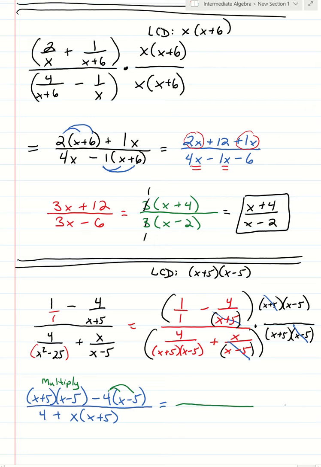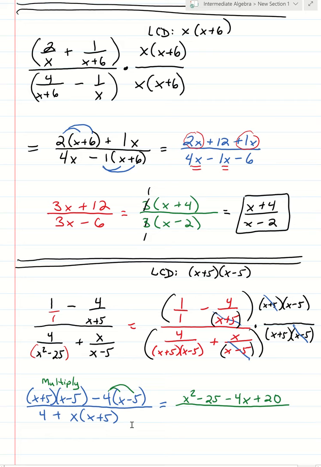When I do that, if I multiply x plus 5 times x minus 5, we in fact get x squared minus 25. And when I distribute the negative 4, that would give us a negative 4x and a plus 20.